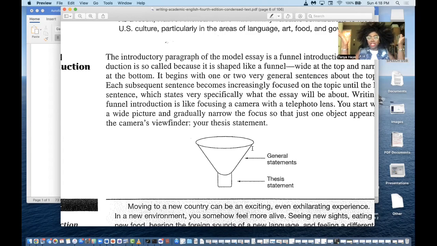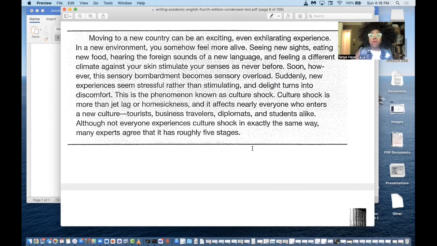It starts with general statements and it leads down like a funnel until you get to the thesis statement. Now, I'm going to show you some examples, and they're all coming from the textbook Writing Academic English, the 4th edition. So let's look at the first example of a funnel introduction.